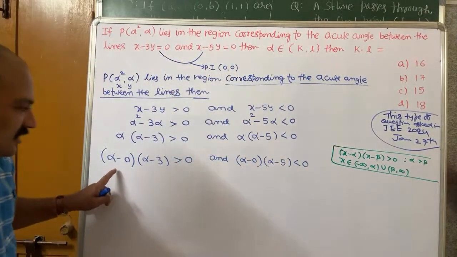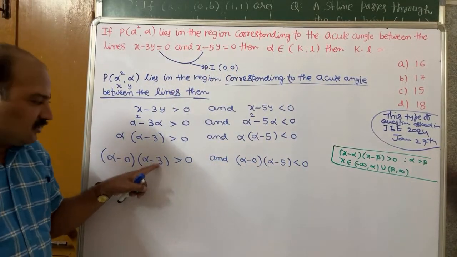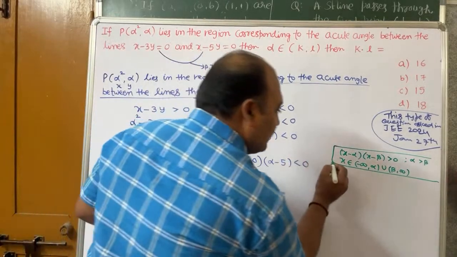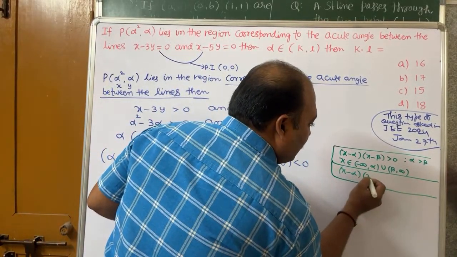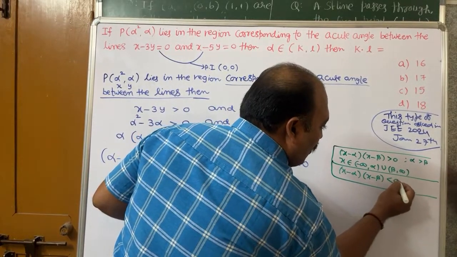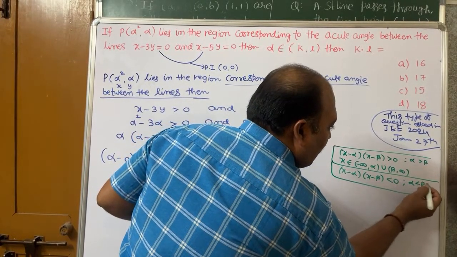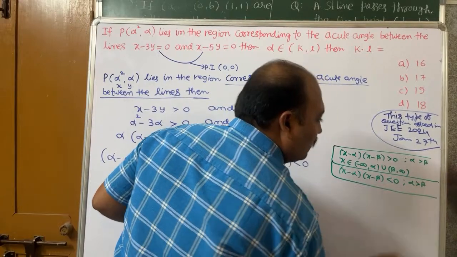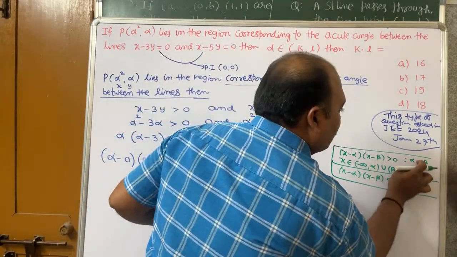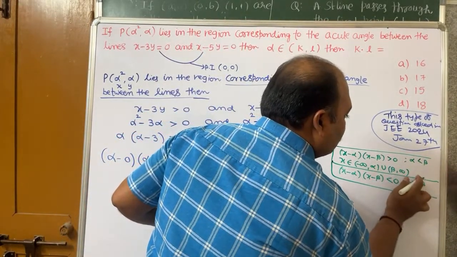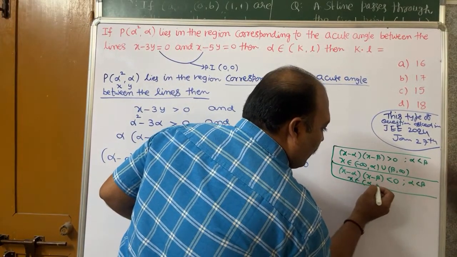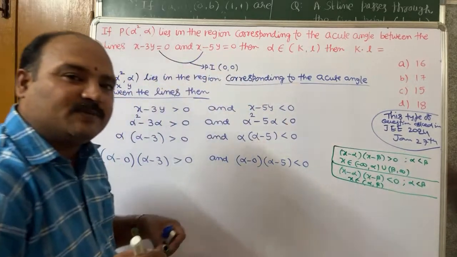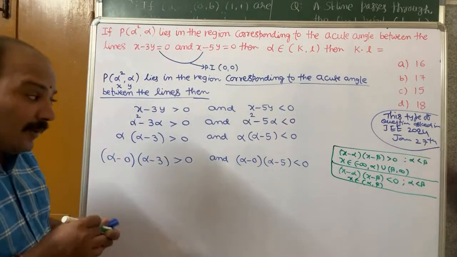This is alpha, this is beta, the rest of them is x. Similarly, x minus alpha into x minus beta is less than 0 when alpha is less than beta, sorry. So x belongs to the open interval alpha comma beta, otherwise lies between alpha and beta.